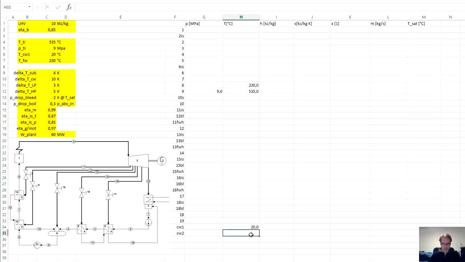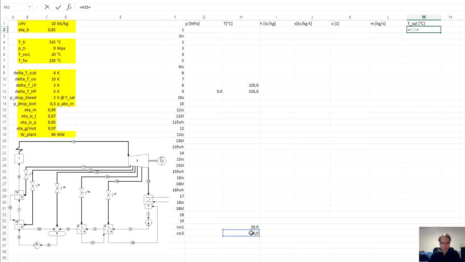Additionally, same as last time, we know the temperature increase of the cooling water in the condenser is 10 degrees C. So the cooling water outlet is the cooling water inlet plus the specified delta T cooling water. And our saturated temperature at point 1 will be derived from this temperature by the minimum temperature difference.